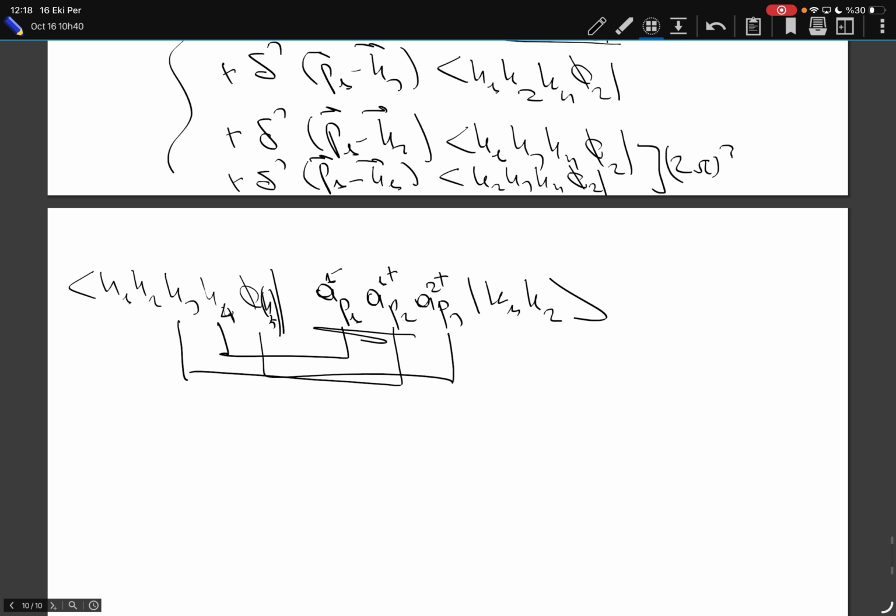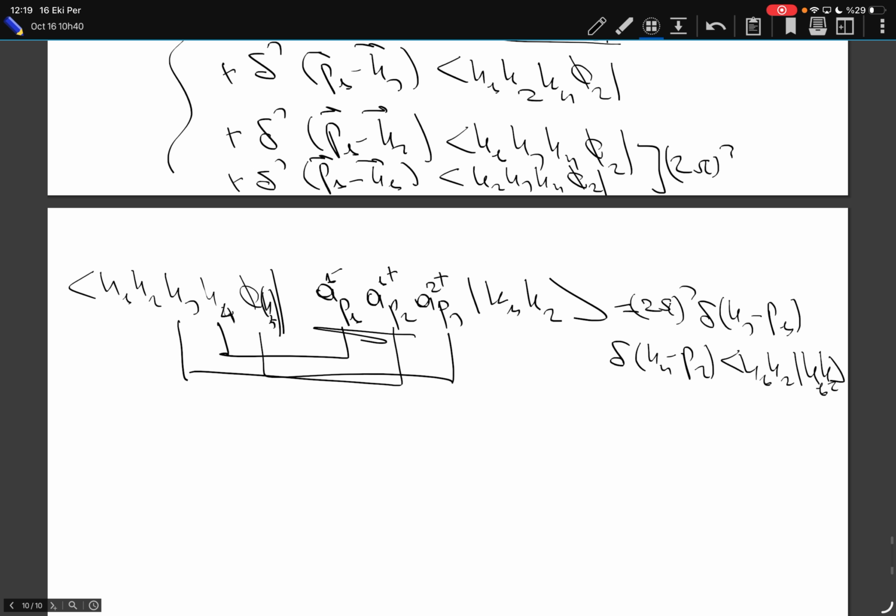Then this is equal to 2 pi cubes, Dirac delta K3 minus P1, Dirac delta K4 minus P2, and then I have K1, K2, which will be non-zero. So this is a non-zero contribution to this matrix element.